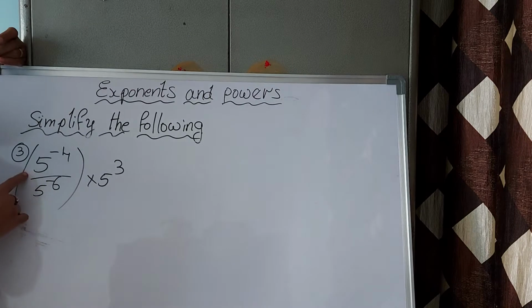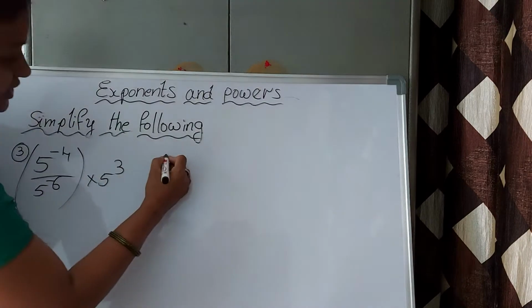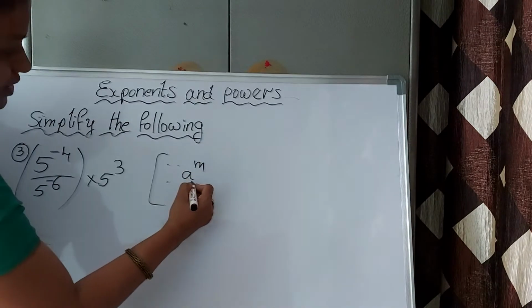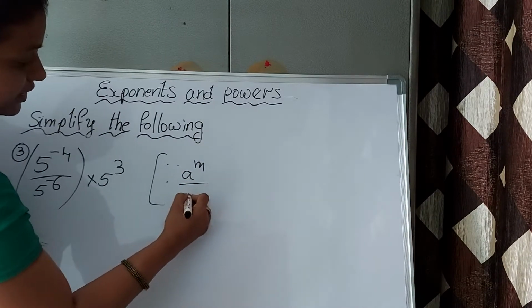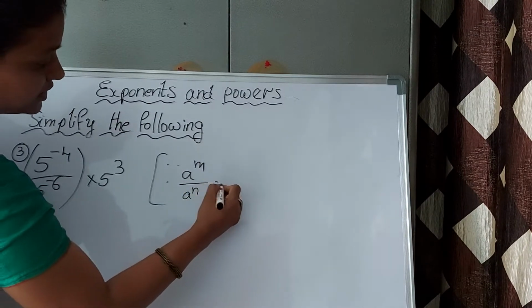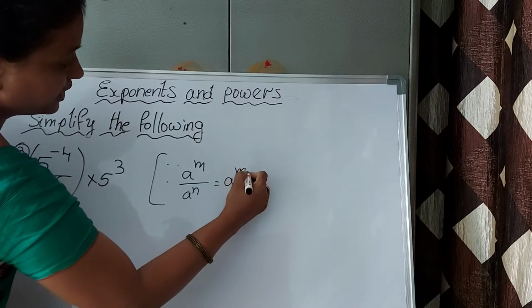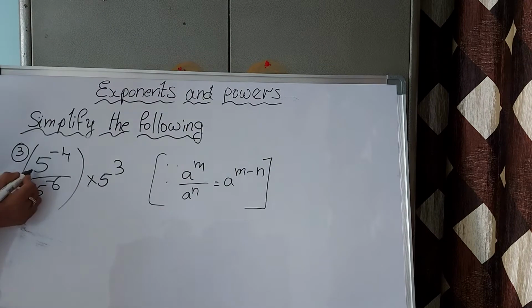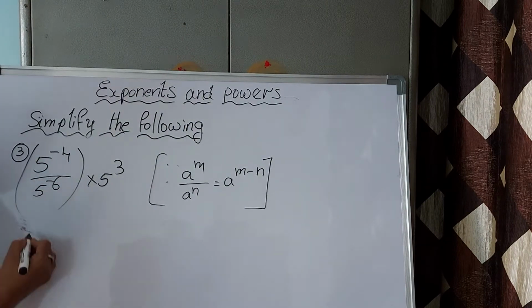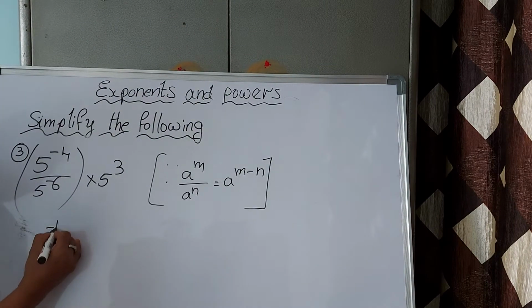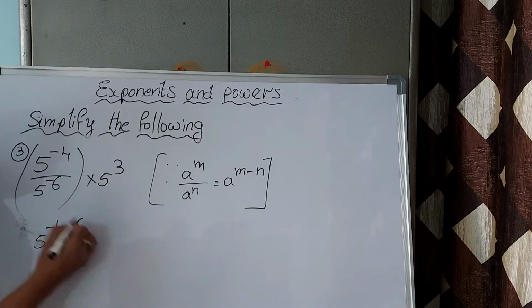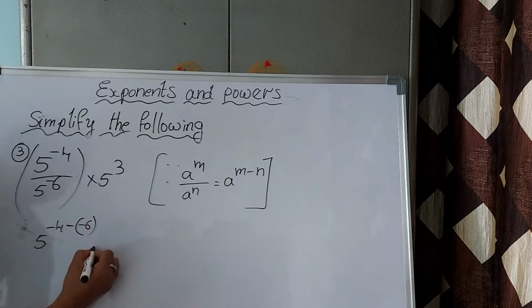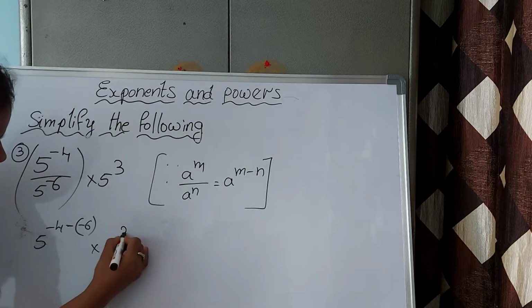See here, this is in the formula a power m by a power n is equal to a power m minus n. So 5 power minus 4 minus of minus 6, bring that minus 6 here, into 5 cube.